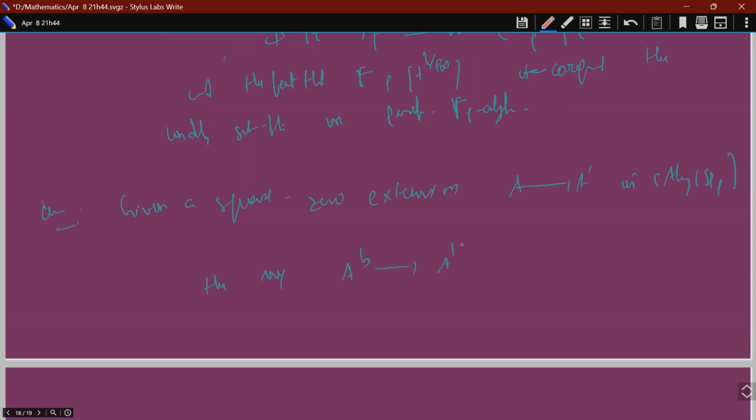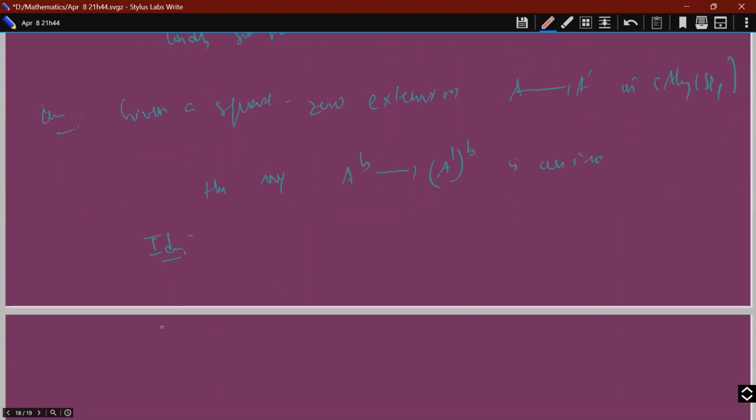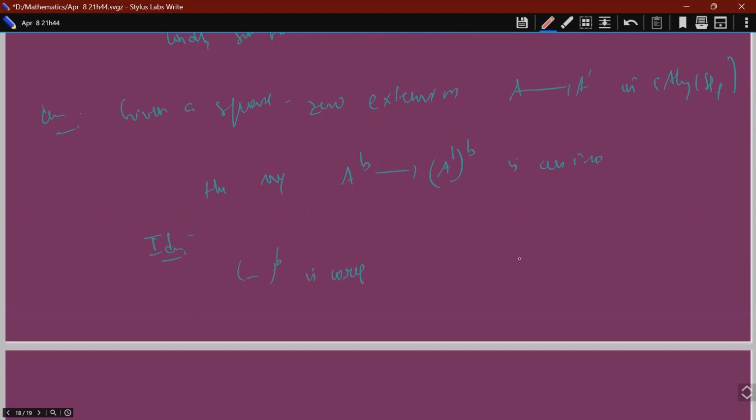So this is an isomorphism. Again, I won't write this out, I'll just give you the idea. Use the fact of co-representability, as I said, it's co-represented. Use this.